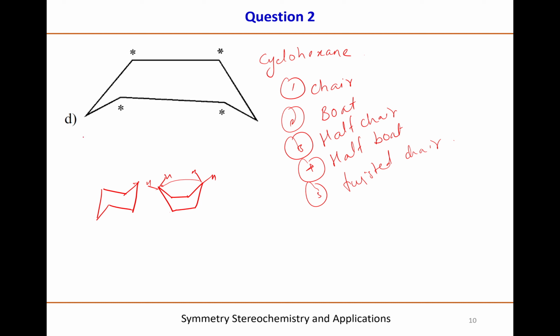This is like a chair. So here you can see that we have this type of hydrogens, right? So this is a boat conformation. Boat conformation. Okay. Next example of boat conformation.